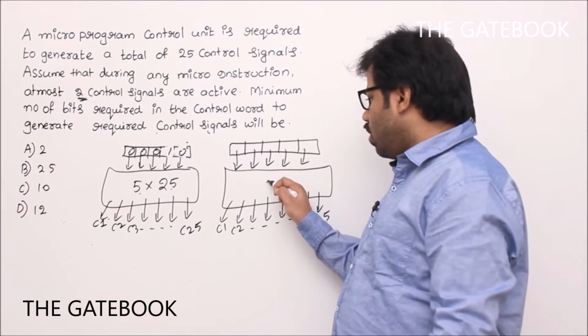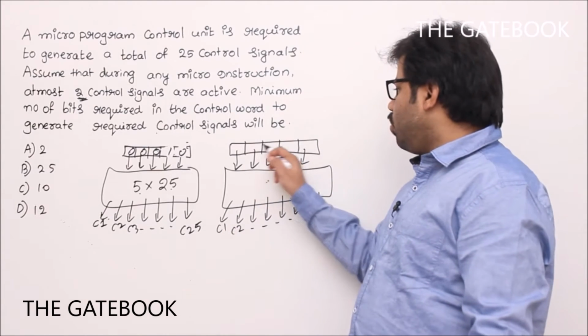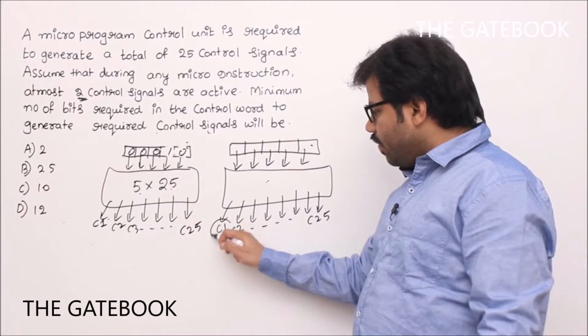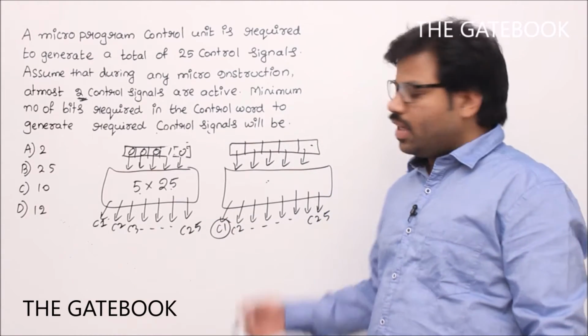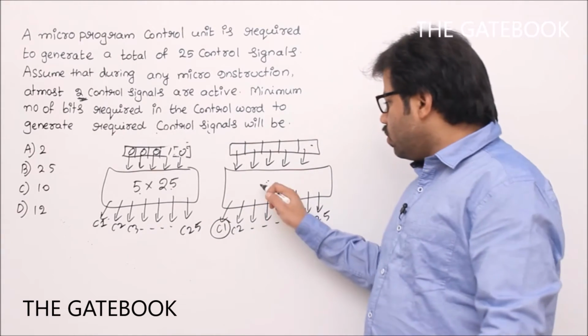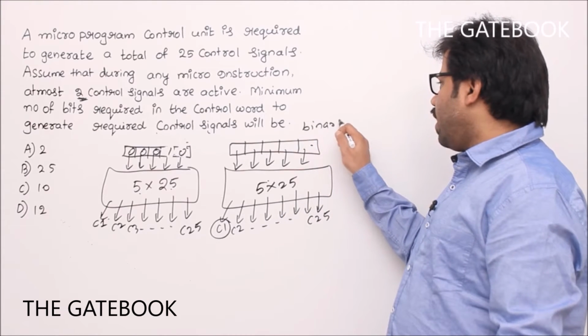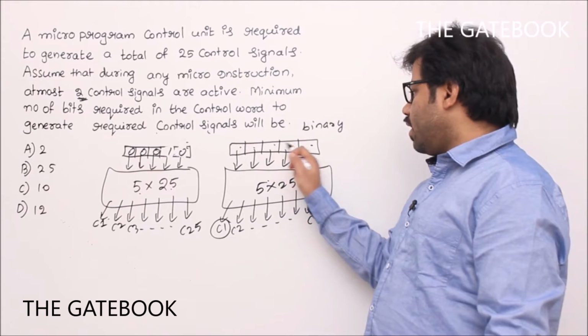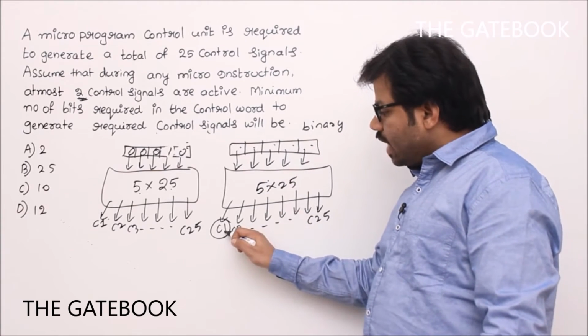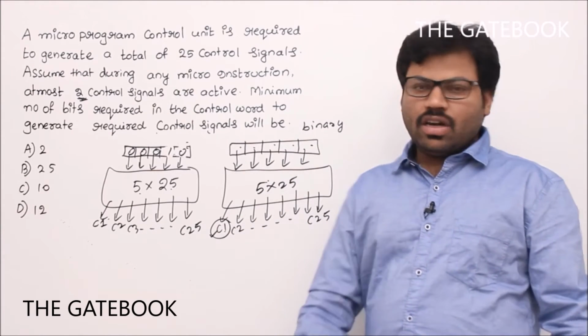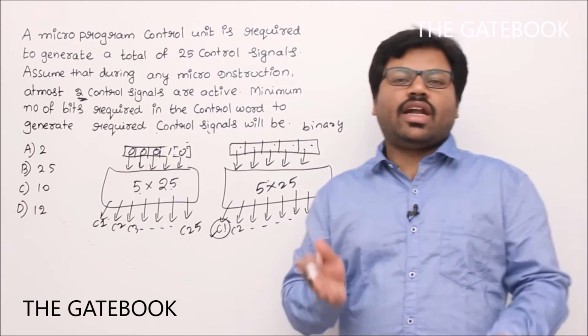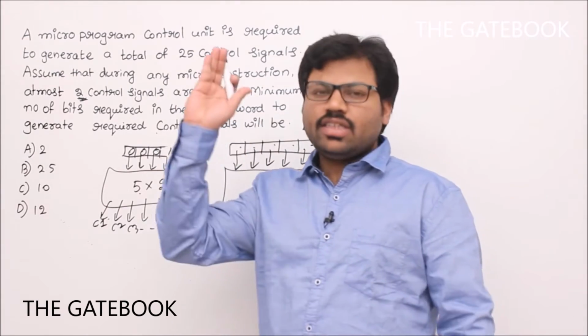Now according to the decoder property, when you give an input of 5 bits, it will only activate one output signal. That is the traditional decoder, nothing but a binary decoder. The property of a binary decoder is that for each input pattern, exactly one output will be activated. Now we can use these output lines for enabling the signals.